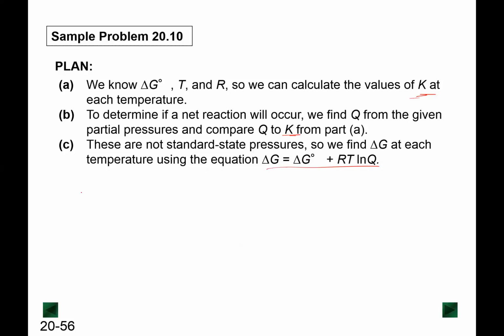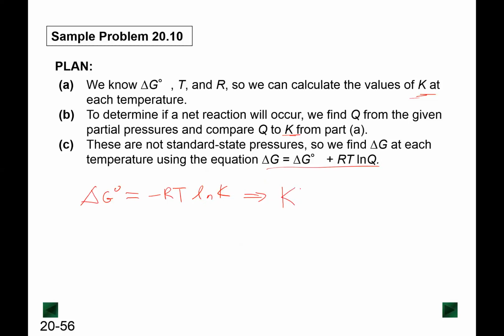Remember, we have defined for us the standard free energy change is equal to minus R times T times the natural log of K. So to solve for K, we divide both sides by negative RT. So we're going to get delta G divided by RT. And then we take E to both sides.